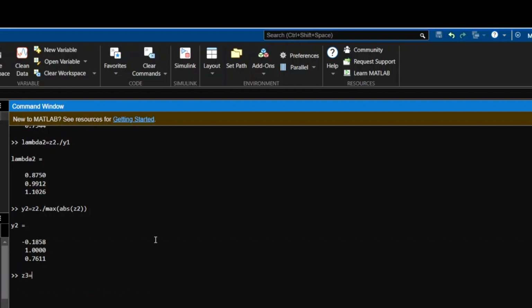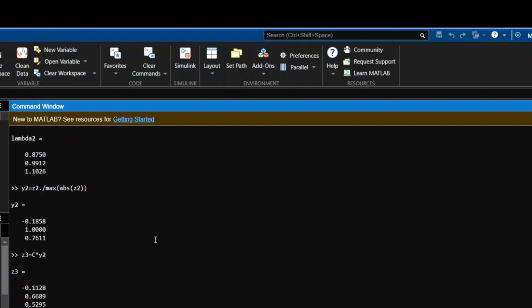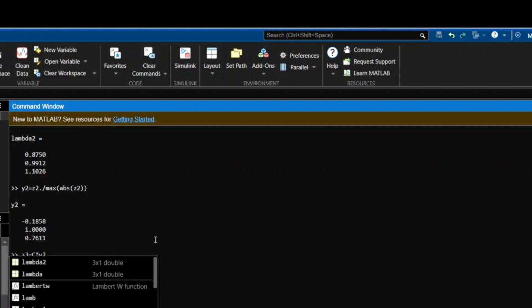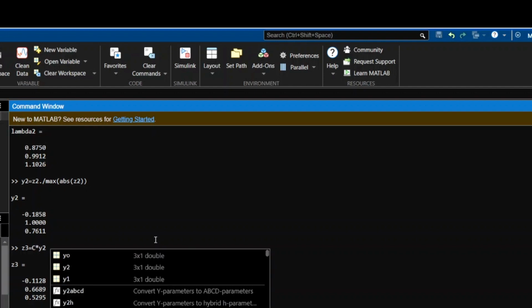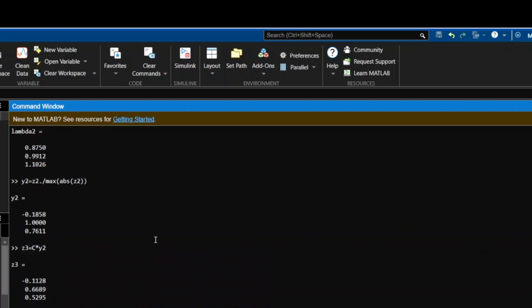Yes, z3 is equal to C into y2, and lambda 3 I have to write here is equal to Z3 divided by y2, right?